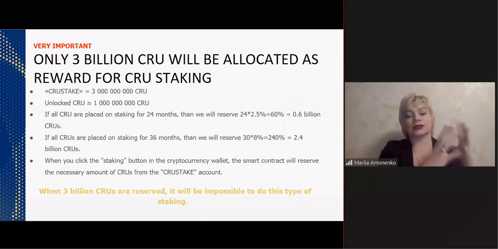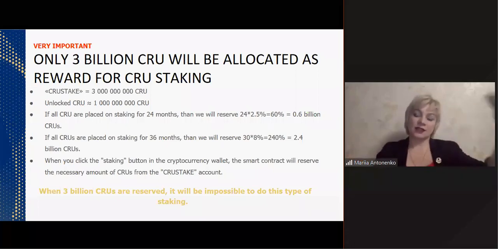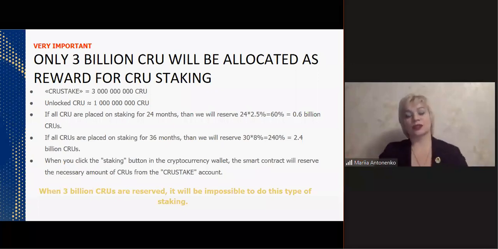They will be put in a reserve, the so-called staking pool, and for those 36 months, every month a certain amount of CRUs will be allocated from that pool. So just pay attention to that option, that those 3 billion can run out real fast.